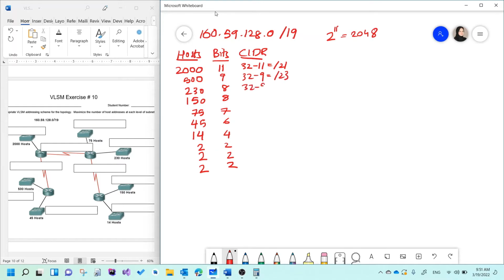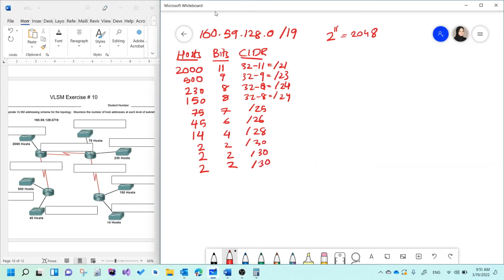Then 32 minus 8, which is slash 24. This is slash 25, slash 26, slash 28, slash 30, 30, and then 30.